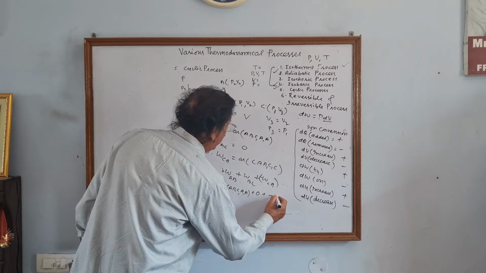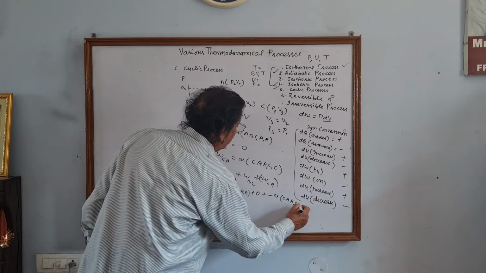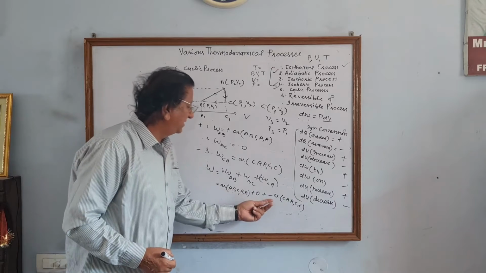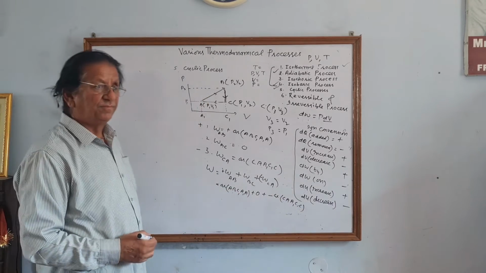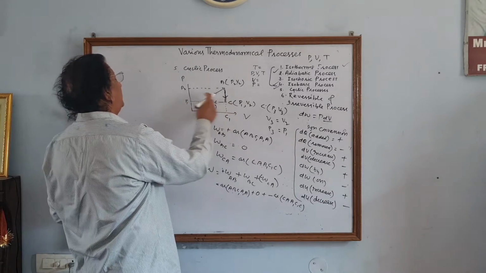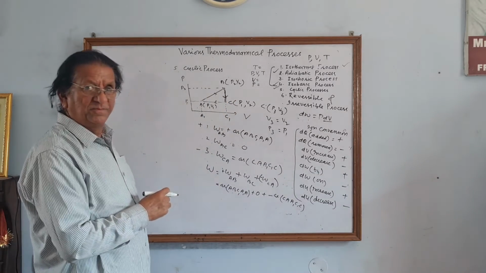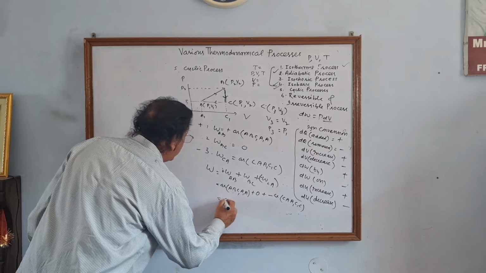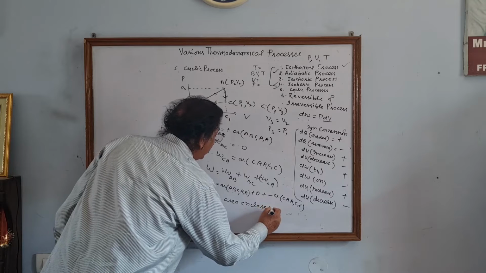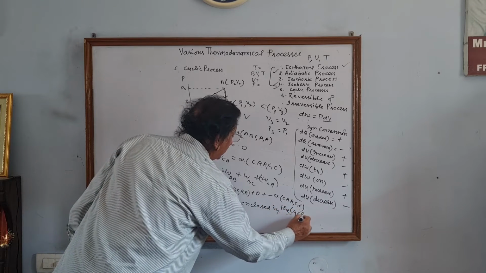And this is equal to area C, A, A1, C1, C. Means this area minus this area. This whole area minus this area. That is area of the triangle. So this is equal to area enclosed by the cycle.